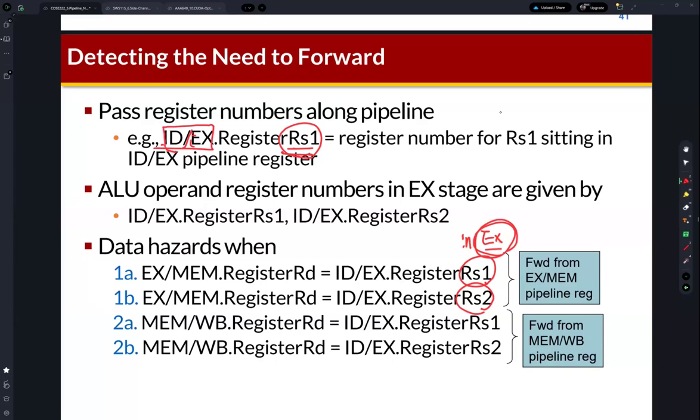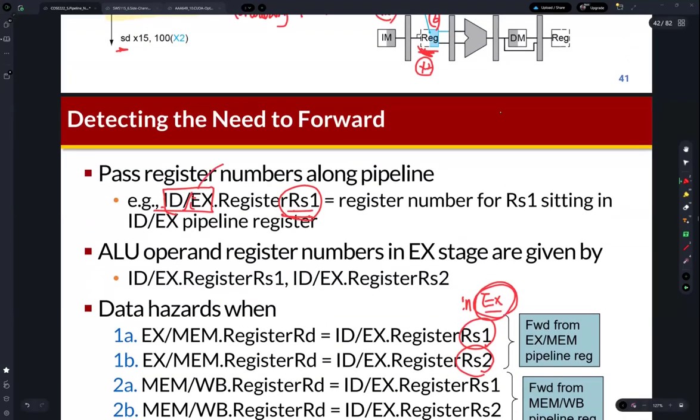What does that mean? This is the pipeline register between the ID and EX stages. And then you can find the dot register RS1, which means the output port of this pipeline register.